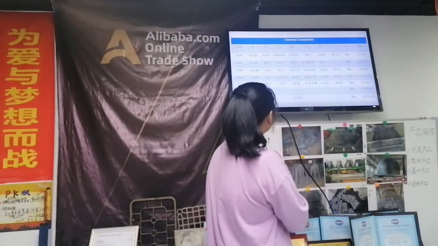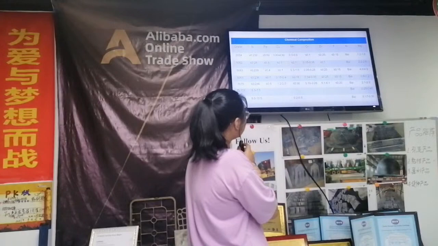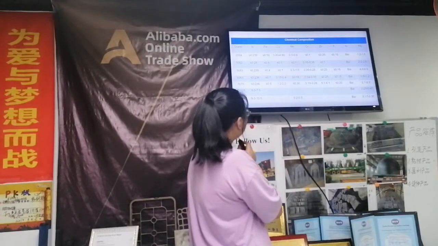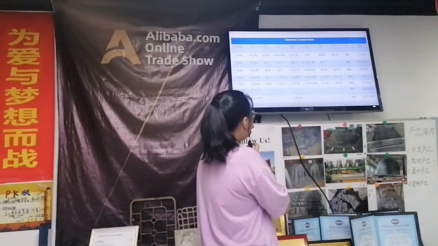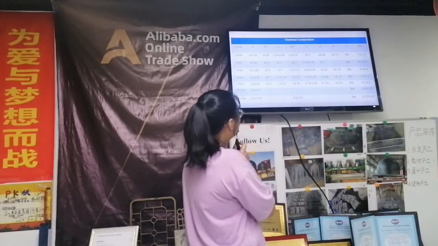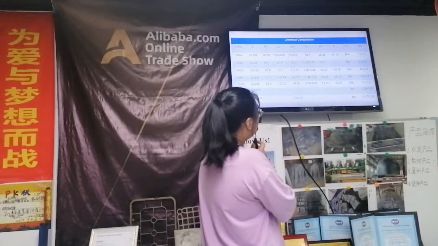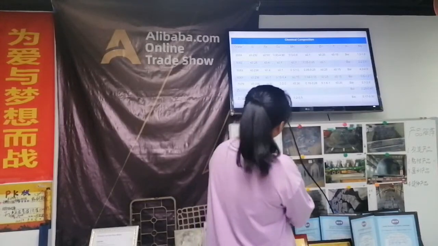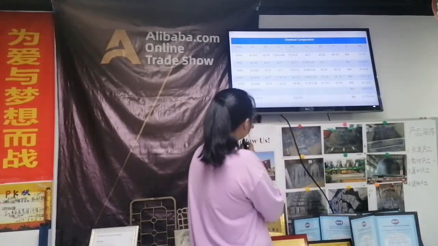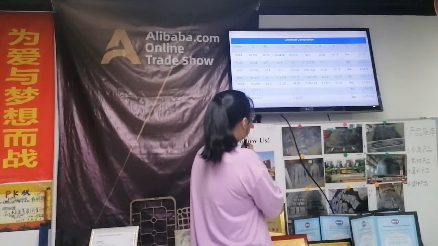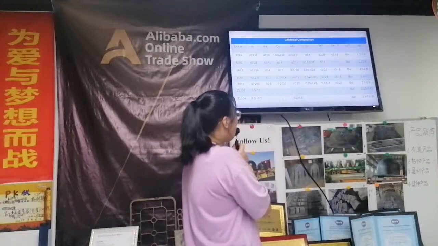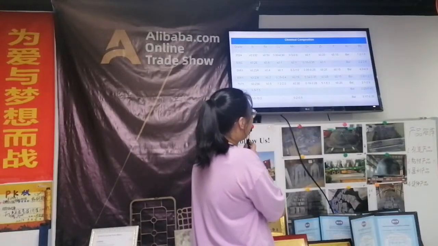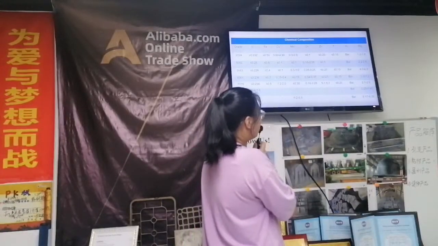Next, you can see the grade CL101. The porosity is 6.5 to 7.5%, and the aluminum is balanced.